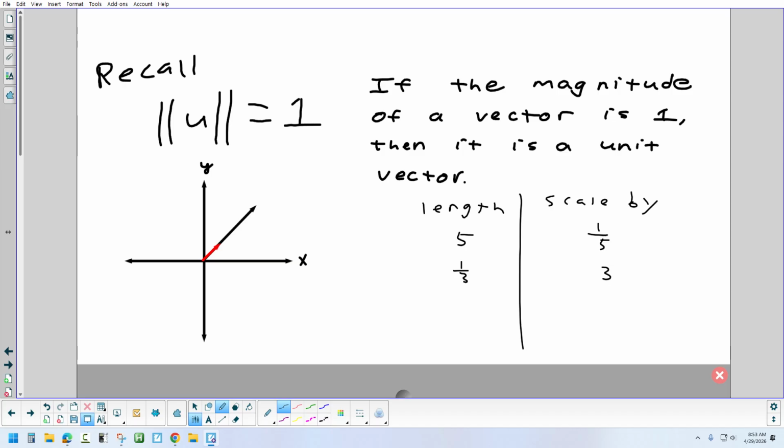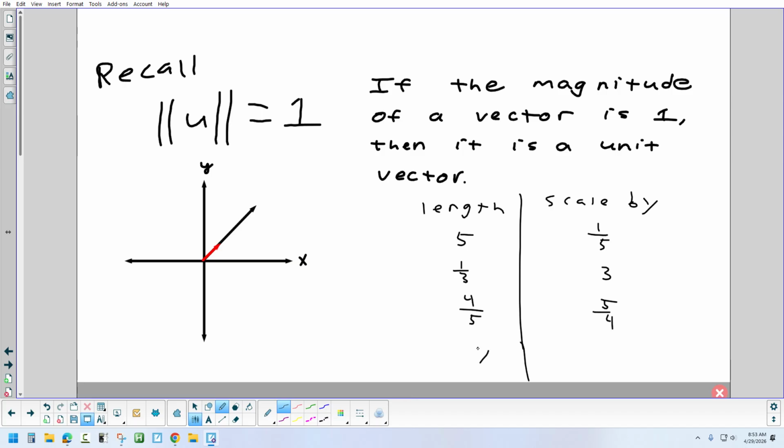What if you had a vector that was 4/5 of a unit? You'd scale it by 5/4. So if you had a vector that was x units long, what would you scale it by?